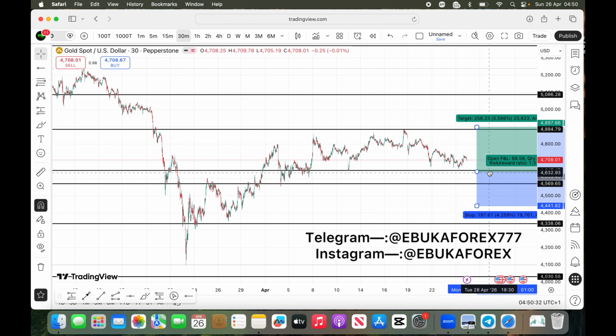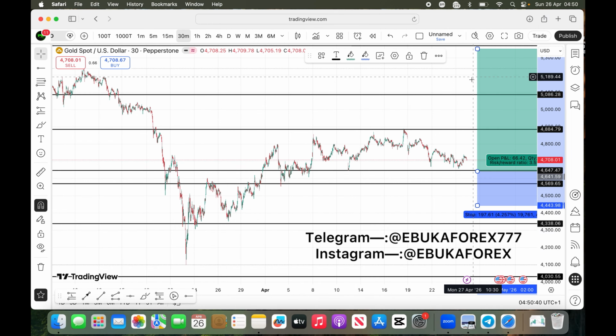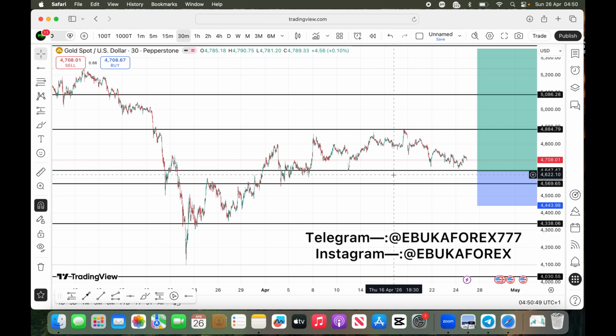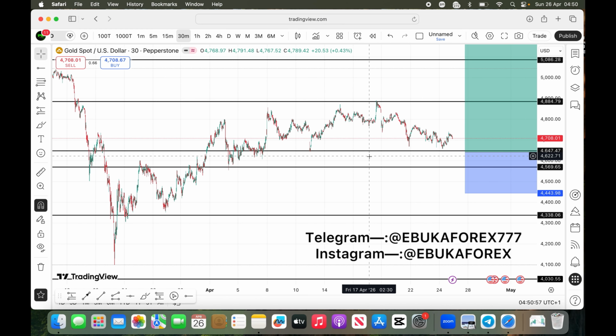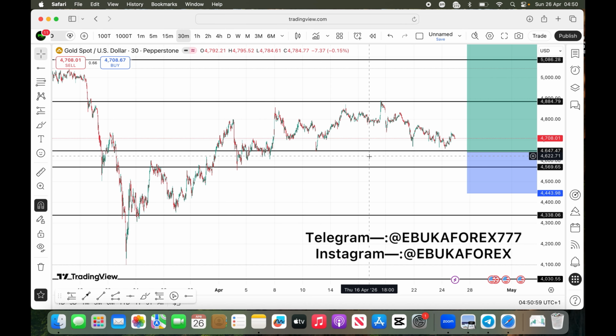If the price is gonna respect our key level, for us to see a push to potentially take out this previous high to give us a new swing high for the week. So we're definitely looking to see price above 5k this week if we have good price reactions here, and I think it's possible. So you have to take note.